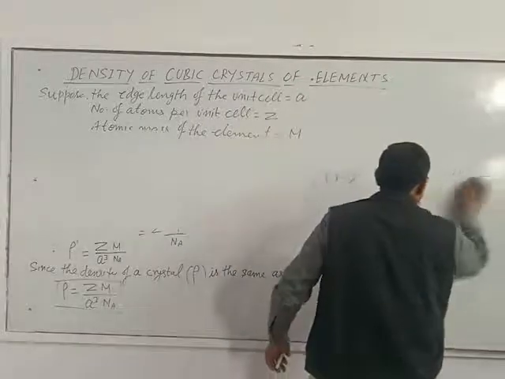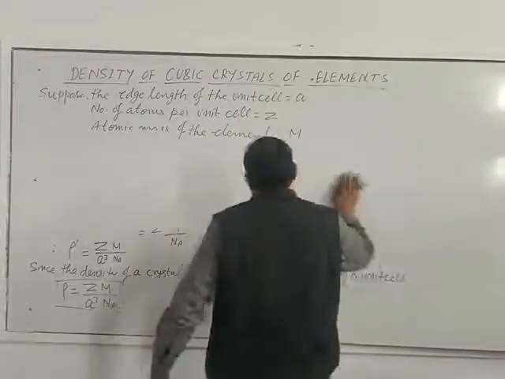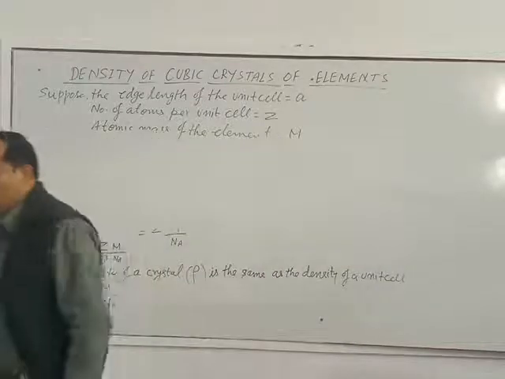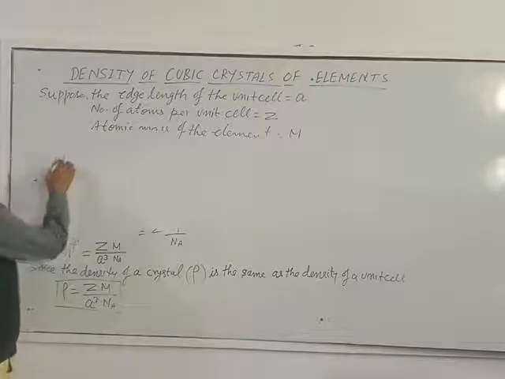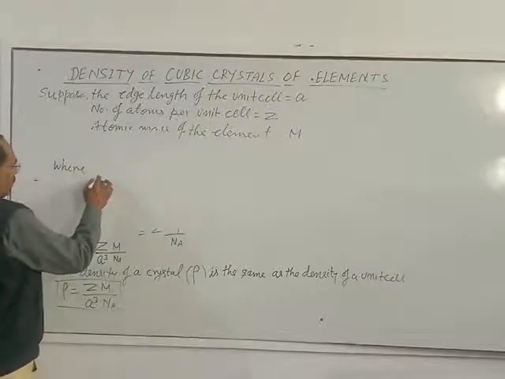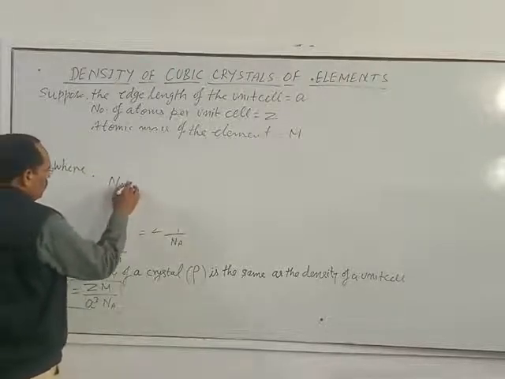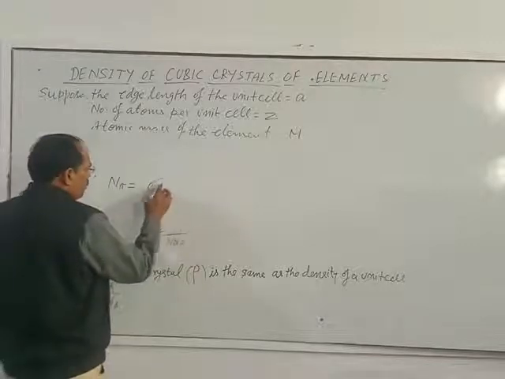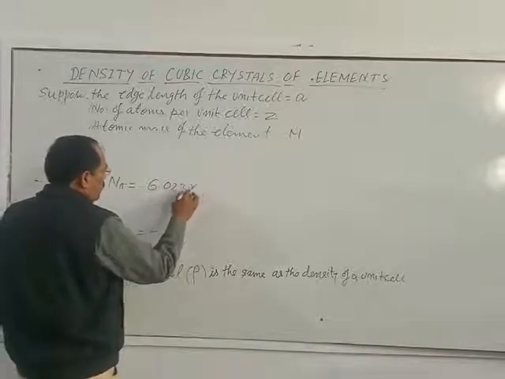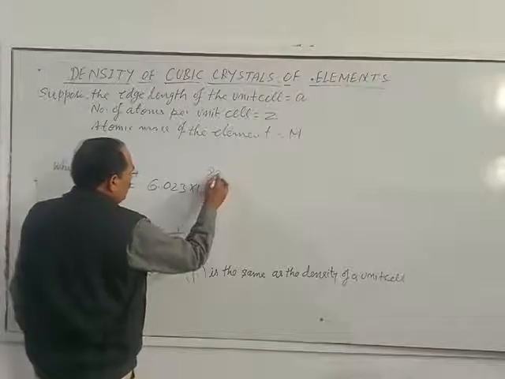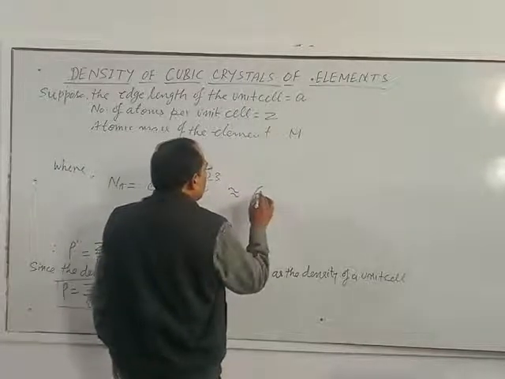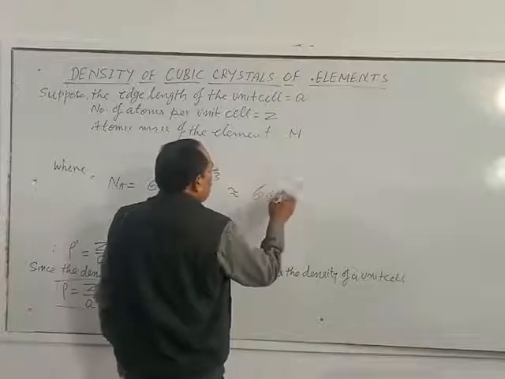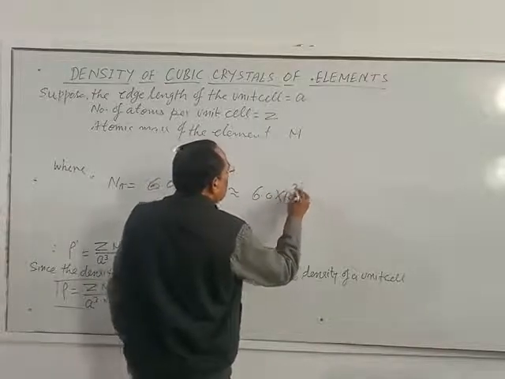and it is equal to 6.023 into 10 power 23, where Na equal to 6.023 into 10 power 23, and this can be taken as 6.0 into 10 power 23.